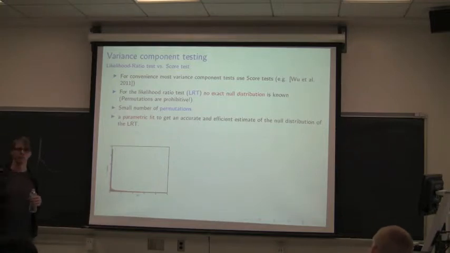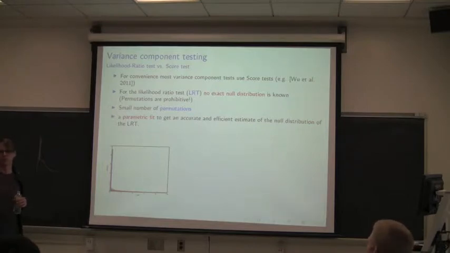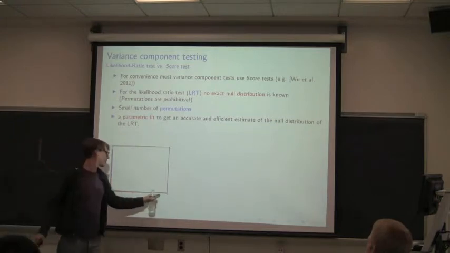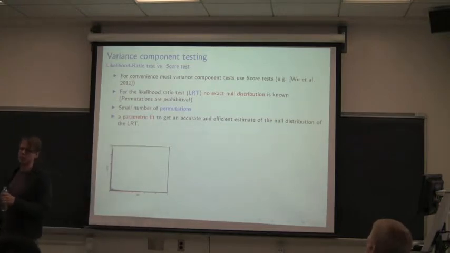What we did is do only very few permutations, as many as we can get, and then fit some parametric distribution to the null distribution that we found.